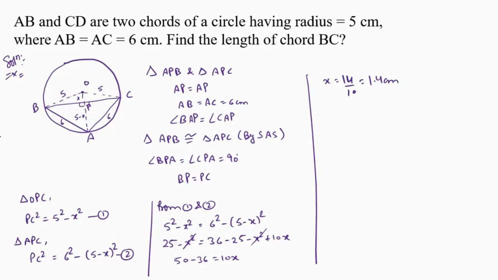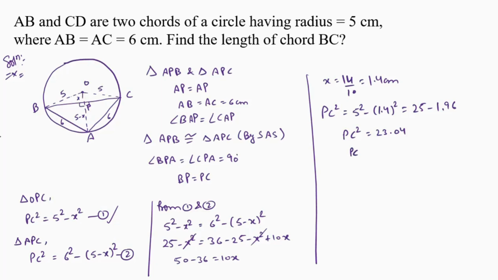So put this value of x in equation 1. We get PC square equals to 5 square minus 1.4 square, that is 25 minus 1.96. So we get PC square equals to 23.04.